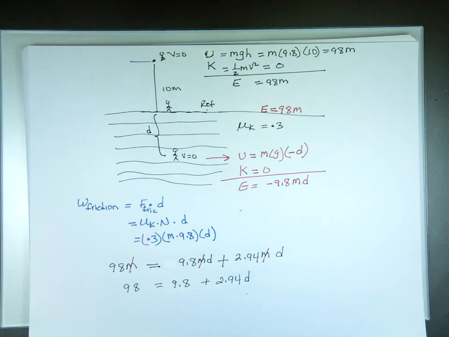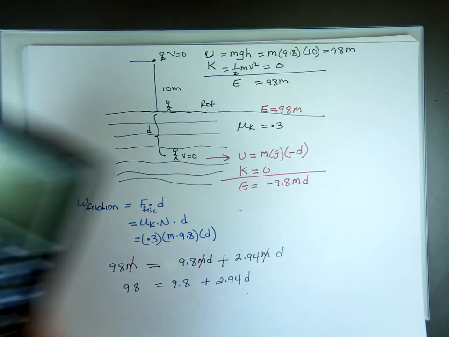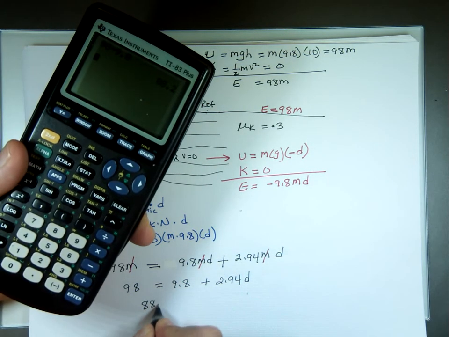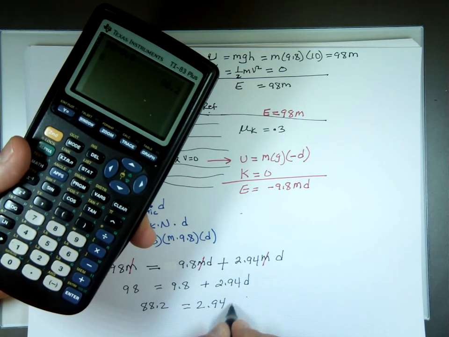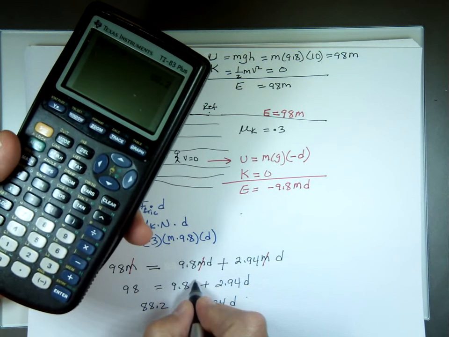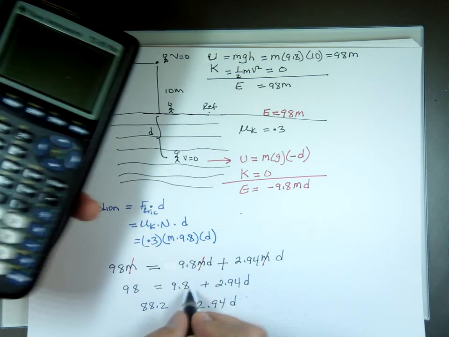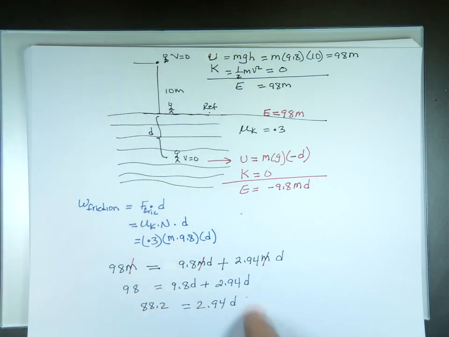So subtract 9.8 from 98. 88.2. Go ahead. Is there still a d? Oh yes, they all have. This has a d in it? Yeah. Oh, my mistake then. I've got to add those two, yep. My mistake. I missed the d there.